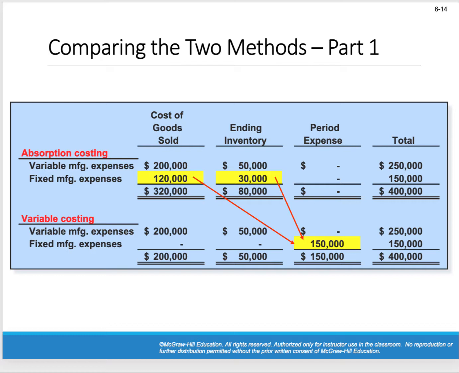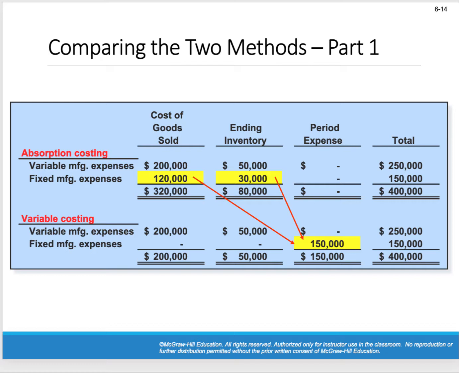Notice the absorption costing: we have variable manufacturing overhead at $200,000 and fixed manufacturing overhead expense of $120,000. That's how we got our total cost of goods sold to be $320,000.